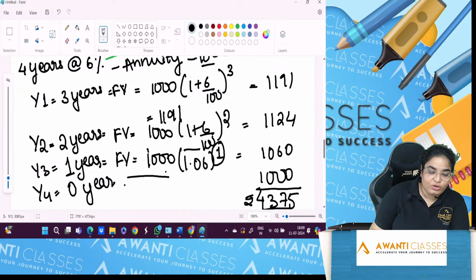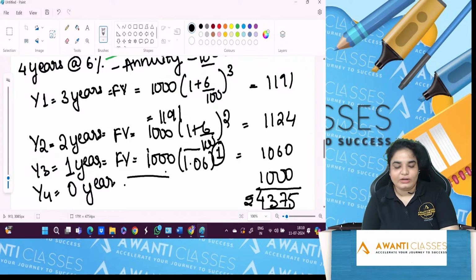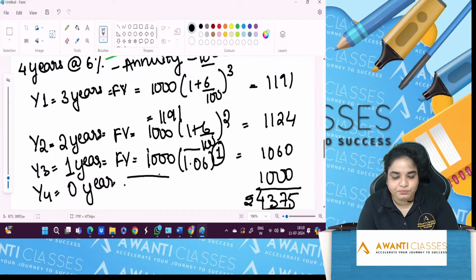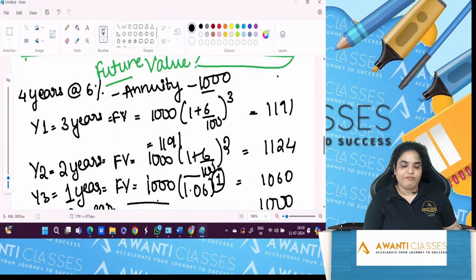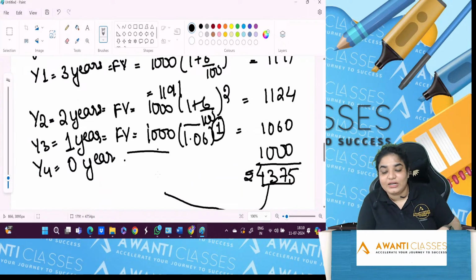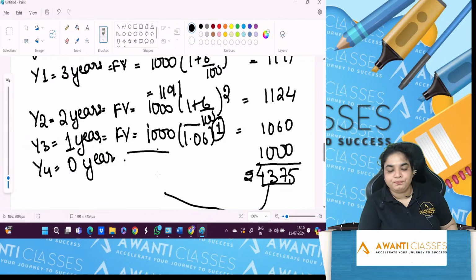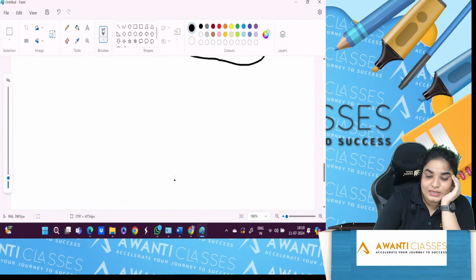This man had done a regular annuity for 4 years at 6% interest, and the annuity amount that he paid in every single year was 1000 rupees. This 1000 rupees at 6% interest after 4 years, he is getting back as 4375. That is what the future value of a regular annuity is.